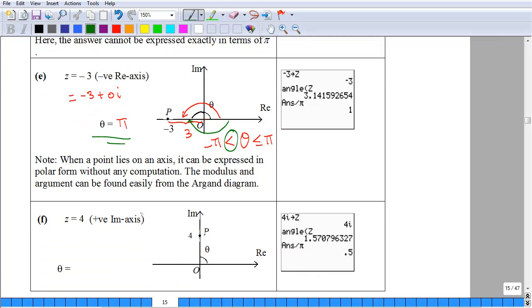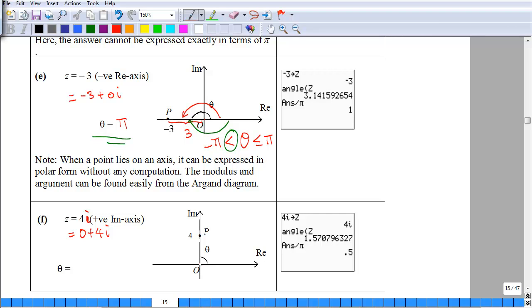In 1F, there's a printing error here. Z should be 4i. We are asked to calculate the argument of 4i. Now if we mark the complex number 4i on the Argand diagram, 0 plus 4i is represented by 0.